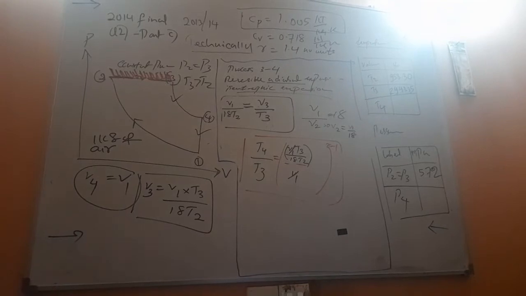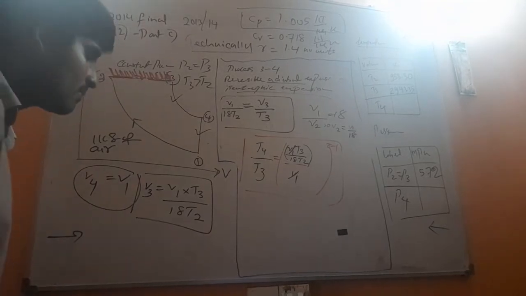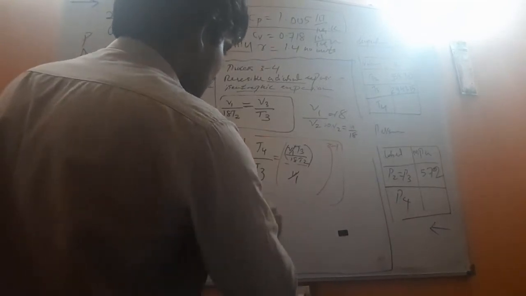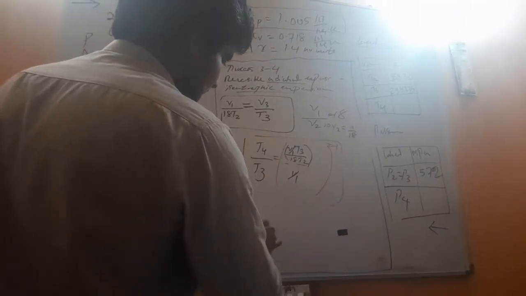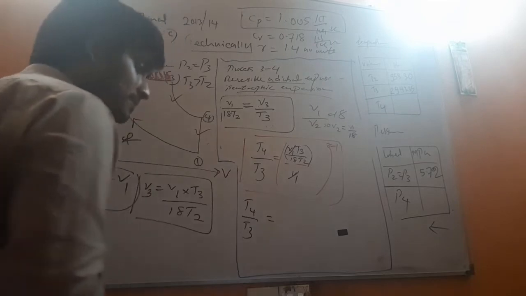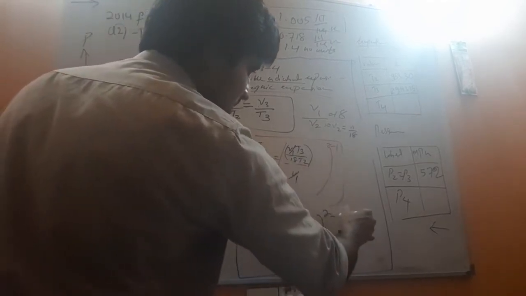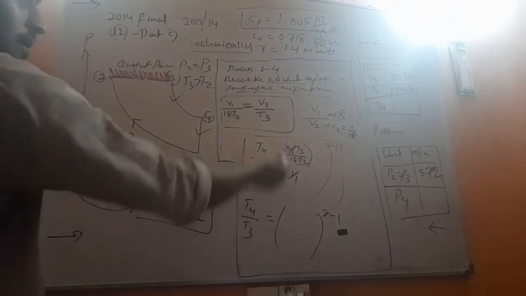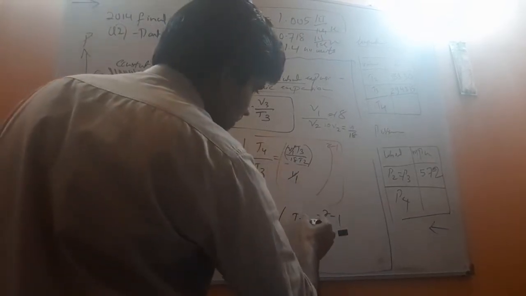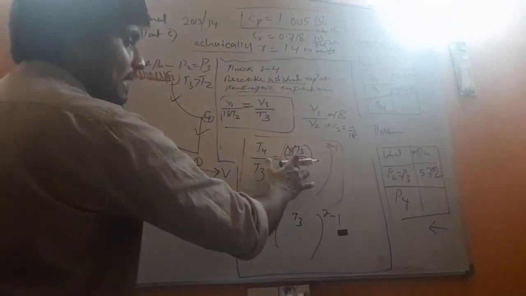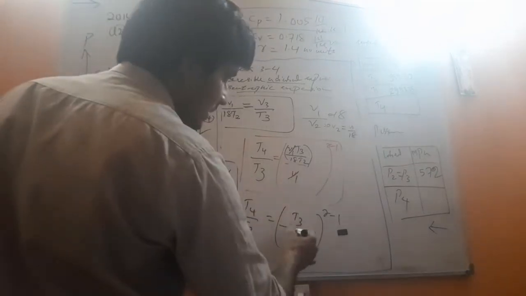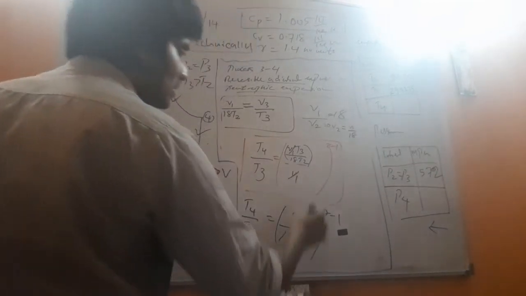So what would be the answer? If I write here, will you be able to see? T4 divided by T3 equals this to the power gamma minus 1 term is there, no doubt. Here you have T3, here you have 18 T2, so that divided by 18 T2, because there you have 1.